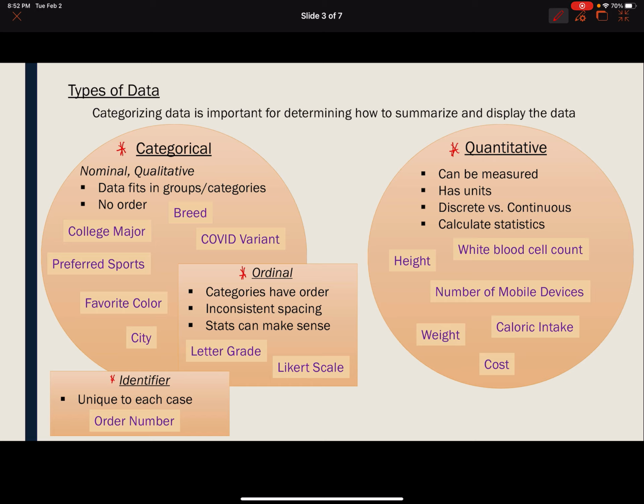So it is a variable, and some people tend to leave it off as such, but it is considered a variable. It's just not an interesting one since it's unique to every case. Another example would be order number, right? Everybody has a different order number for every order. So it's not an interesting variable, but it is an identifier variable.